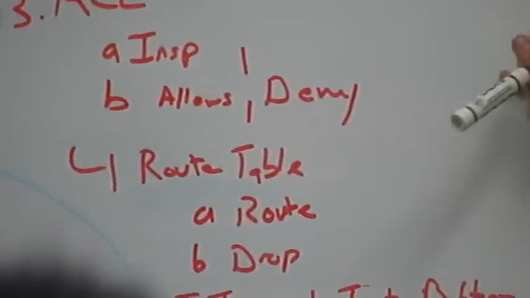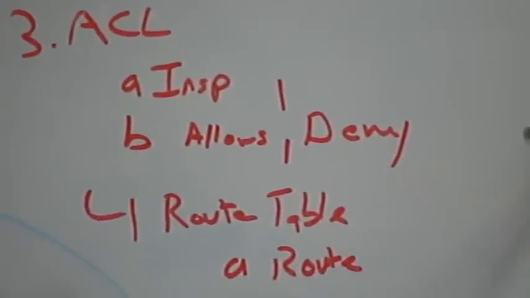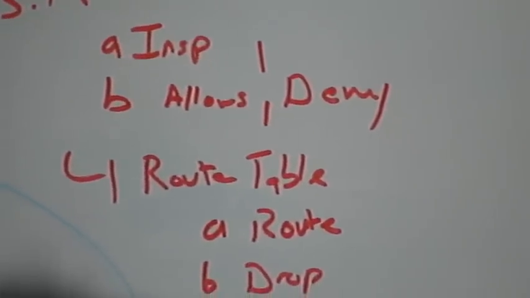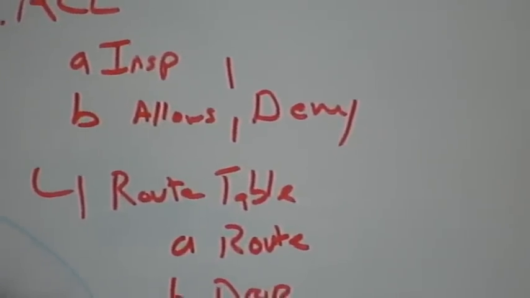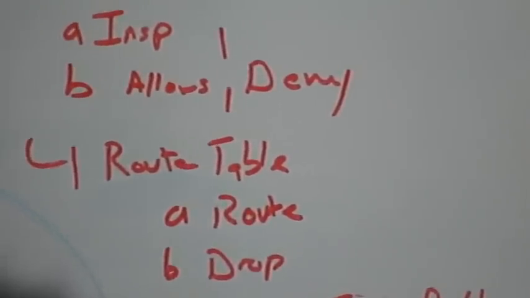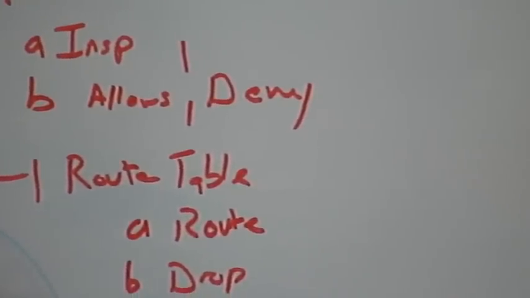So once it's past that access list, is that destination address in my route table? If it is, great. It gets processed to the transmit buffer of the exit interface. If it's not in the route table, the packet gets dropped.